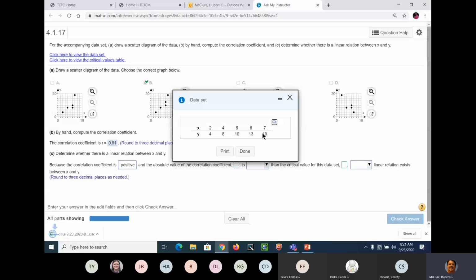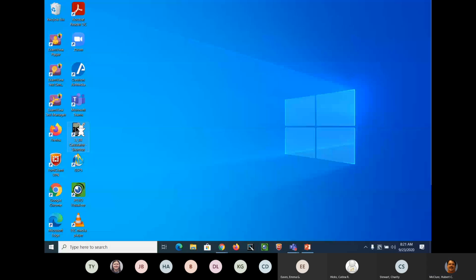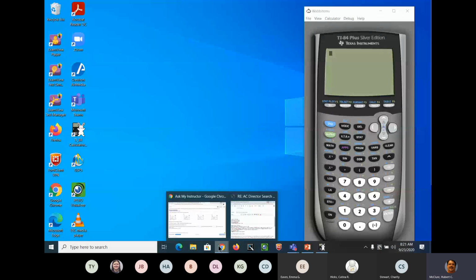Let me pull up the handy dandy calculator, and after that the spreadsheet, as soon as I can find it again. There it is.